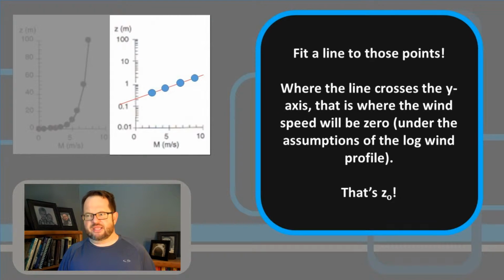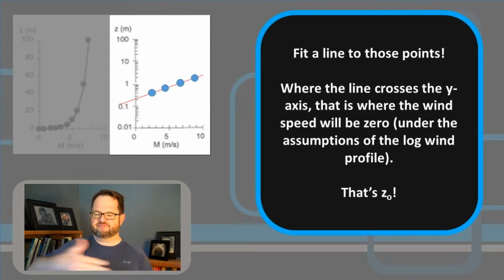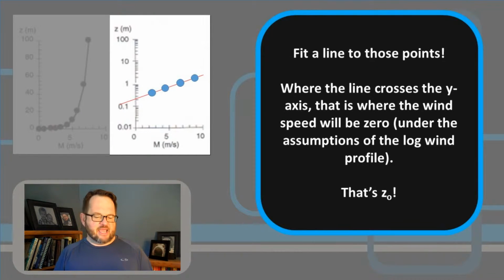That can be done statistically with regression, or you can just fit a ruler to it on your graph paper and draw your line. It's fine. Wherever that line crosses the y-axis, that's the value of Z naught, the aerodynamic roughness length. In this case, it looks like it's about 2/10 of a meter.